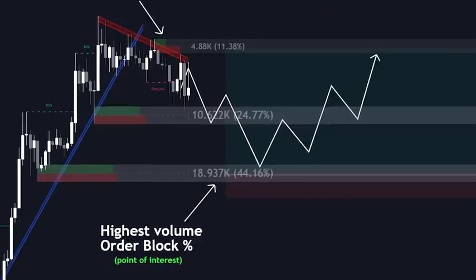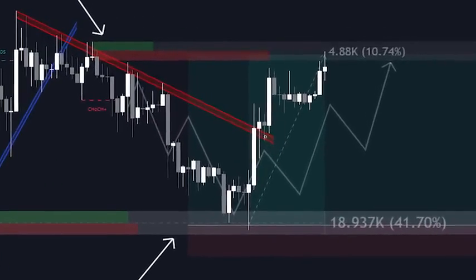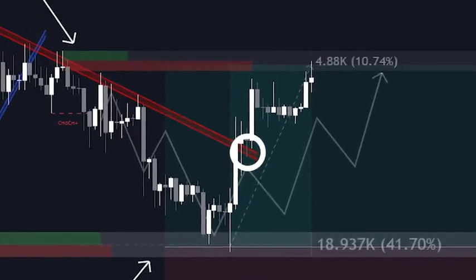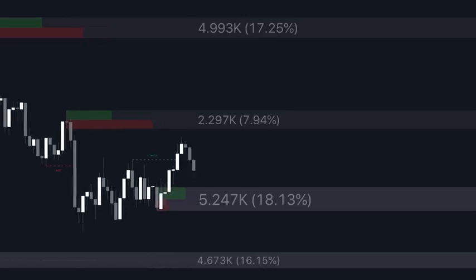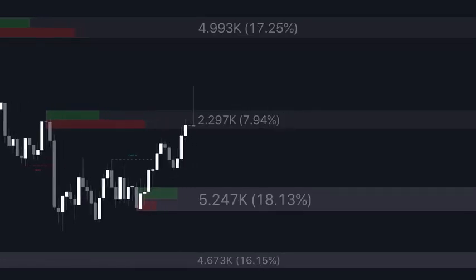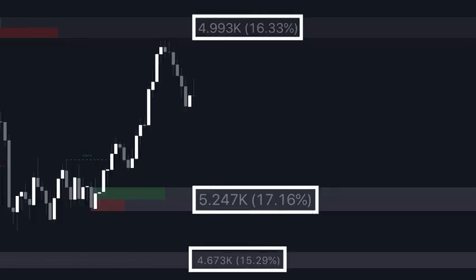Now, due to price closing below the middle order block at 24.77%, we saw it was mitigated or removed, and then price revisited liquidity above the trendline zone, leading us to the first order block as our target. And something to note here is that you will notice the percentage values adjust as order blocks are touched or mitigated, all aligning with the correct volume detected when these order blocks were established.